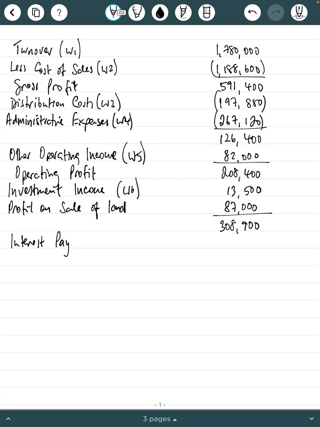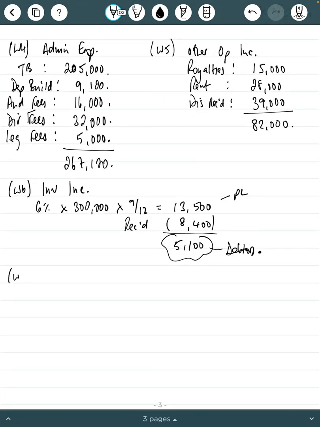Next heading then is interest payable. This is on your debenture. So we'll do a quick working on that. Working 7, interest payable. We're looking for the debenture, and it's 7% of 300,000. Get the calculator there, you do your work, 7% of 300,000 gives you 21,000. That's the figure you need for your P&L, but we have already paid debenture interest.